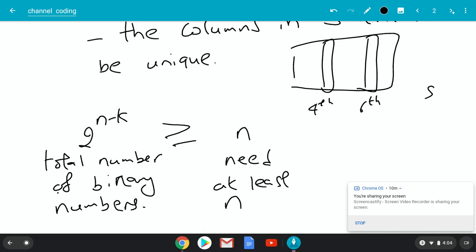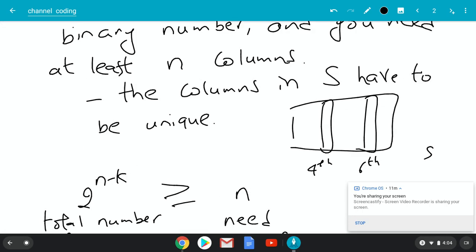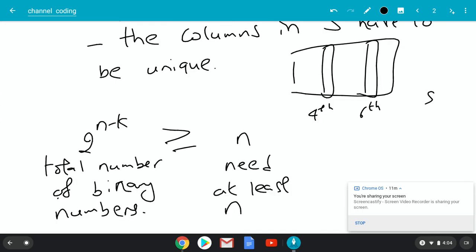Now notice another point: none of the columns in S can be 0, right? Because when small s is 0, you're saying there is no error. And we are also saying that if s matches a particular column, then that's where the error is. So none of the columns can be 0, because if s is 0, we're saying there's no error.